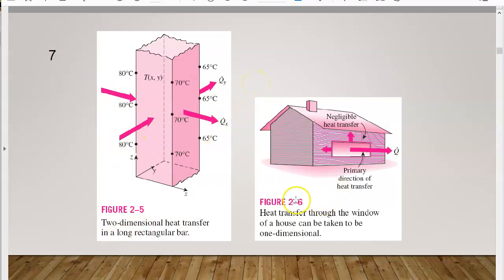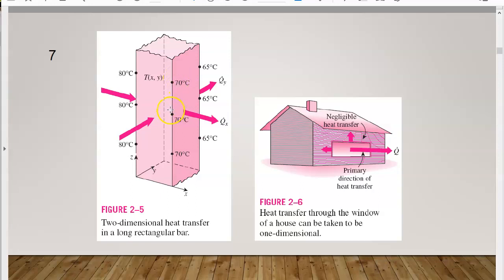But normally when we have heat transfer, we only assume that heat is being transferred in one direction, because the rest we neglect, since the Q is very small compared to the other one. So that's why we neglect. So here is only 2.